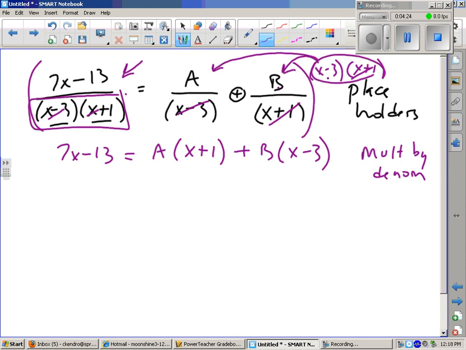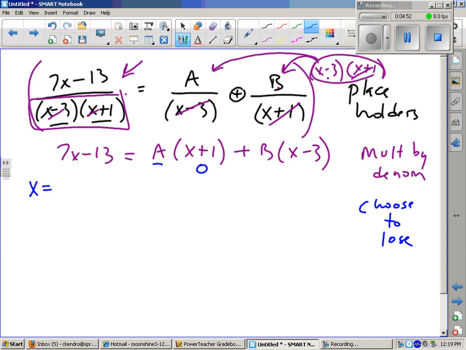All right, the next thing we have to do is, I like to call it choose to lose. We're going to choose to lose either A or B. So let's say I want to get rid of A, then this needs to be 0, because then I'll have 0A and it'll be gone, and I'll be able to solve for B then. So the x we choose has to make this 0.